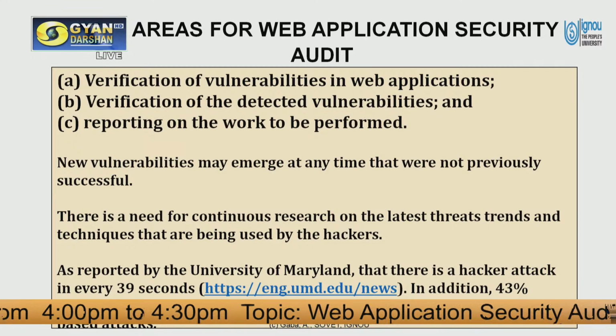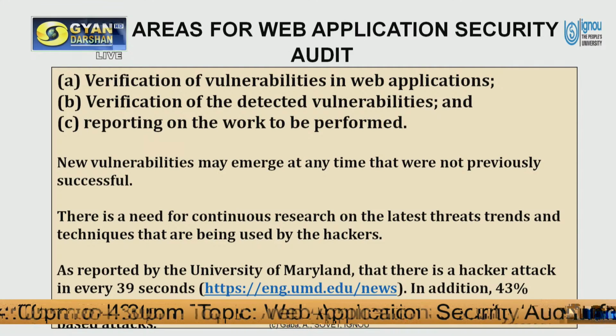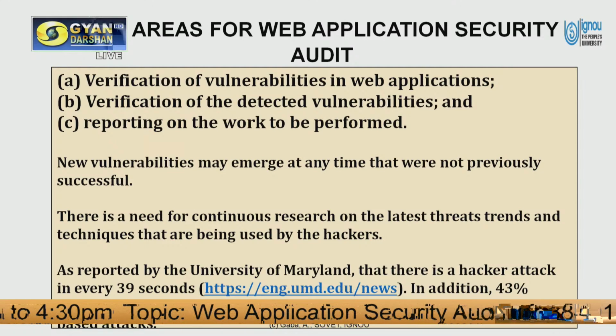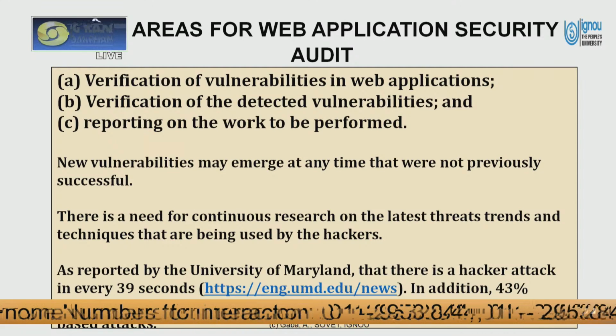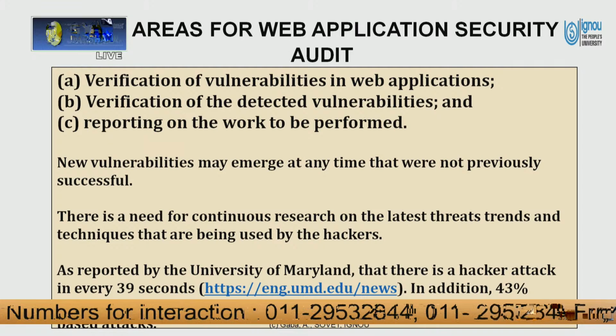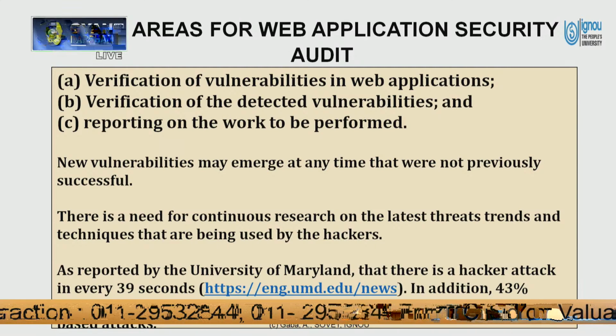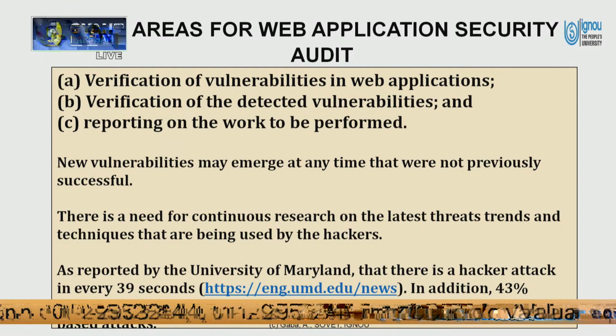Because organizations run many activities on databases, attackers will target those applications, and new vulnerabilities may emerge at any time that were not previously successful. That should be kept in mind: what you secure against today's attack, tomorrow may involve different software and different tools.